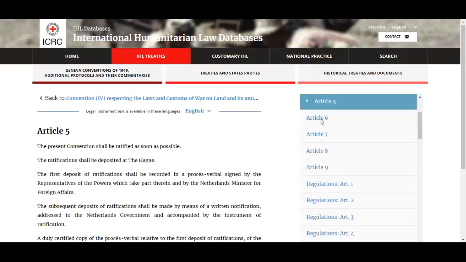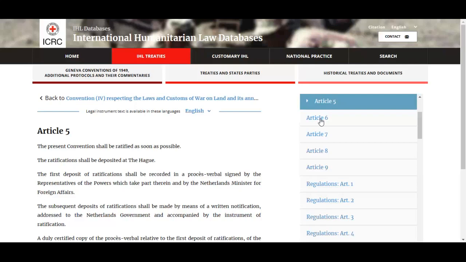Article 5. The present convention shall be ratified as soon as possible. The ratifications shall be deposited at The Hague.